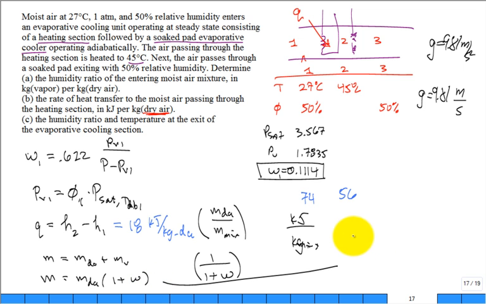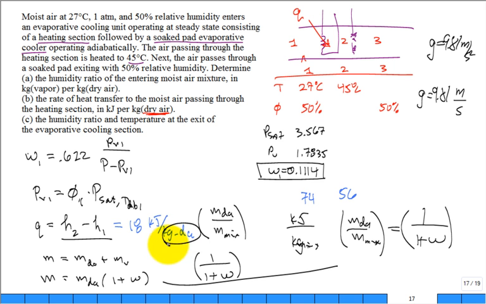So the mass of the mixture over the mass of dry air is equal to 1 over 1 plus omega. Did I do the algebra correctly? And then I said I want this to be not per kilogram of dry air, so I'll have to multiply by 1 over 1 plus omega.